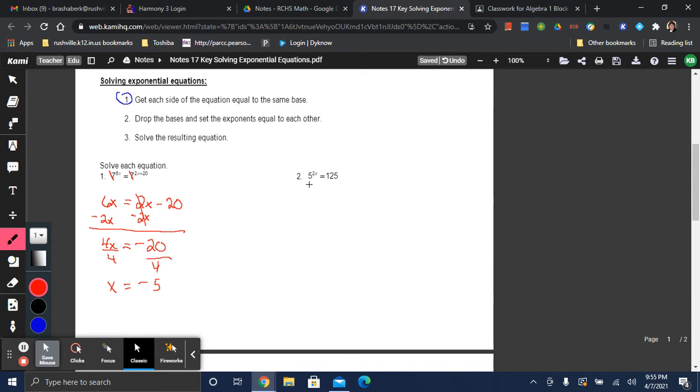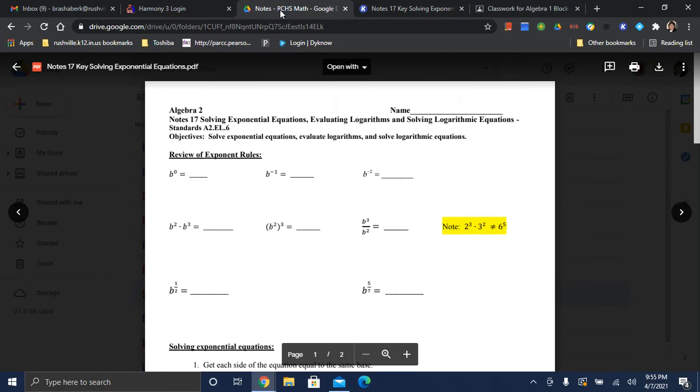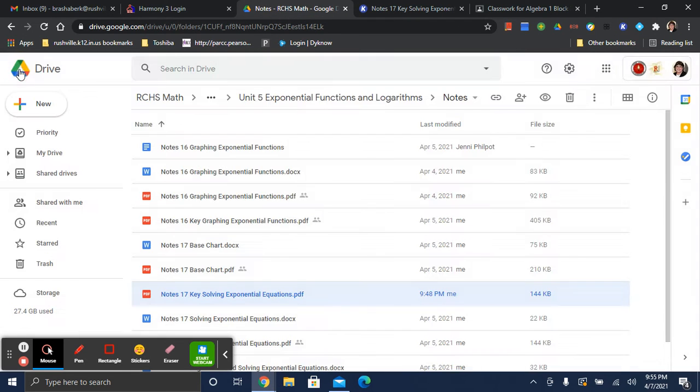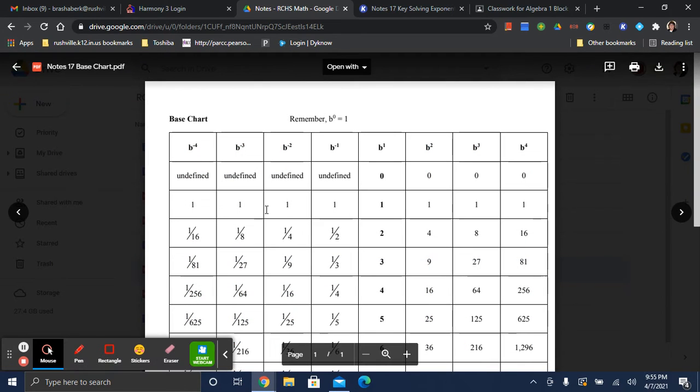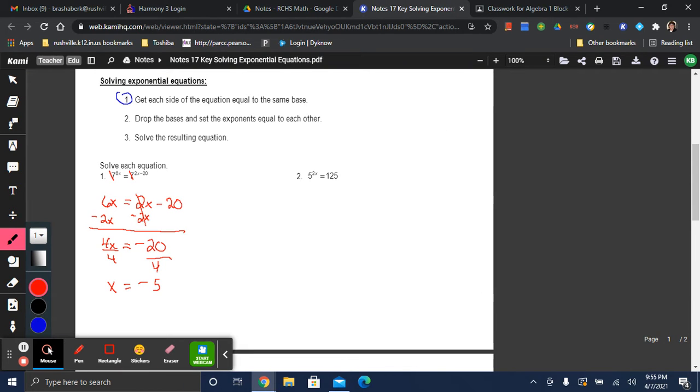Now, in this one, we have 5 to the 2x equals 125. So if you will look at your base chart, which I'll pull up for us now. Let me go back to the notes.